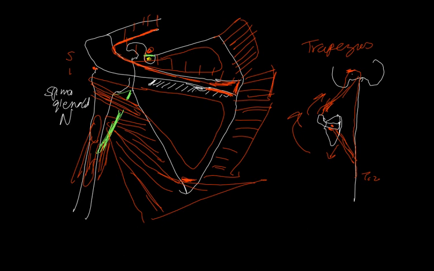Now from the deltoid tuberosity, from the clavicle, anterior border of the clavicle, from the acromion and right up to the deltoid tuberosity, you have a muscle, the deltoid muscle, which comes down and gets attached to the deltoid tuberosity.